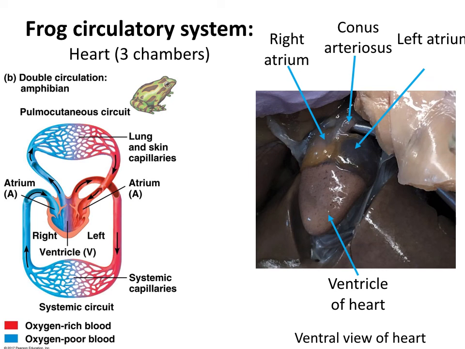Right? And the blood that goes to your body is going to have as much oxygen in it as possible. And we can do that because we have 2 separate ventricles that keep oxygenated and deoxygenated blood apart. Okay, frogs can get away with it because they're small and they have lower metabolic needs than we do. Okay, if a human being was born with a heart like this, they would have problems.